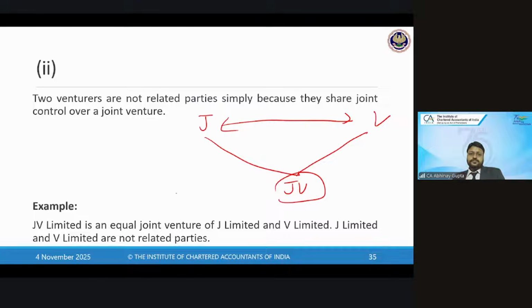No. J and JV are related to each other, J is related to JV, but J is not related to V. JV and V are related to each other. Clear?